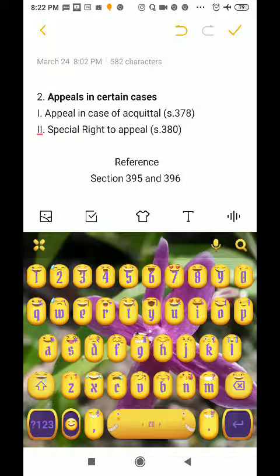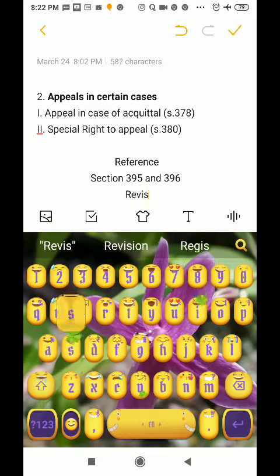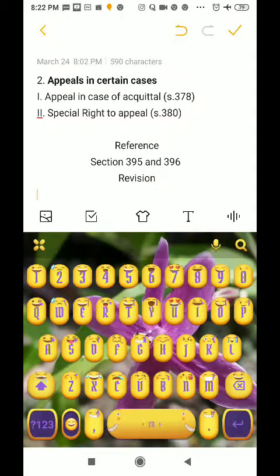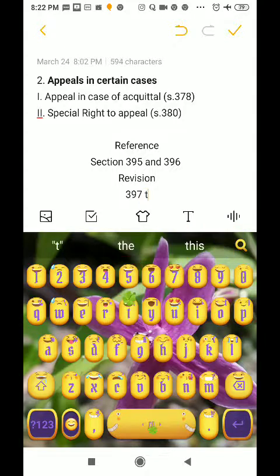Now let us know about the term revision. So what is revision? Revision means simply revising something, and under the CRPC, sections 397 to 401 are regarding revision.